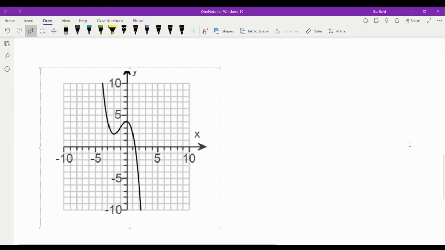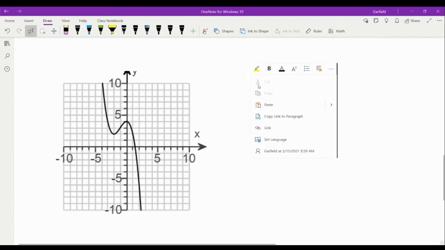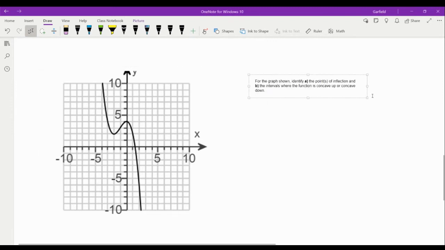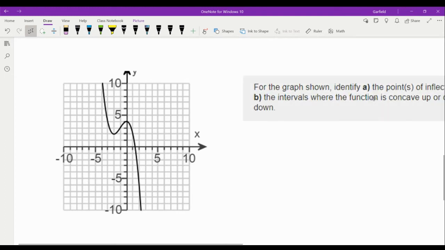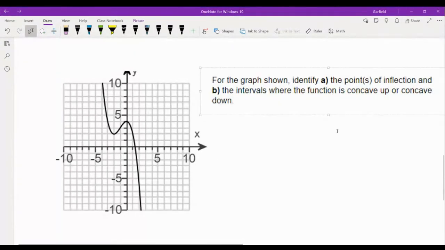All right, so here we go. Let's copy the instructions too. So we start off with them giving you the graph, just like we did previously in 3.1.